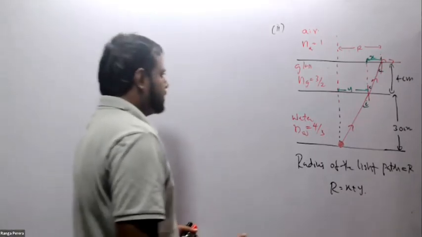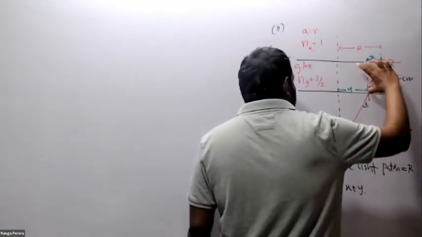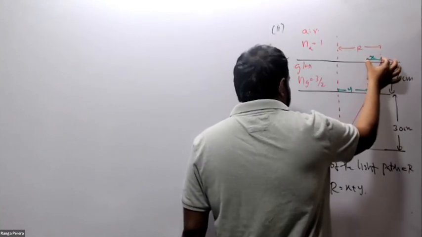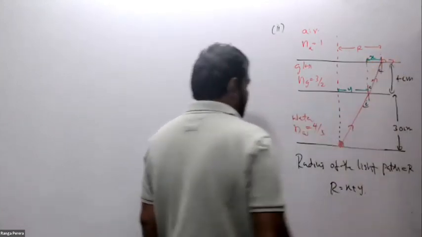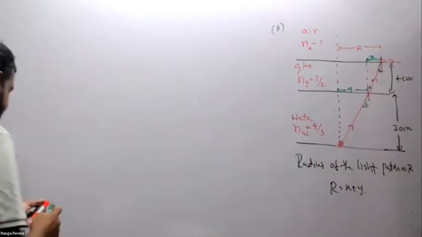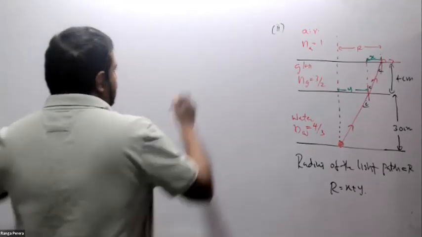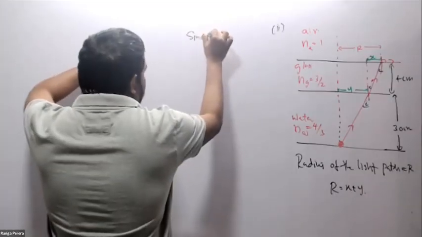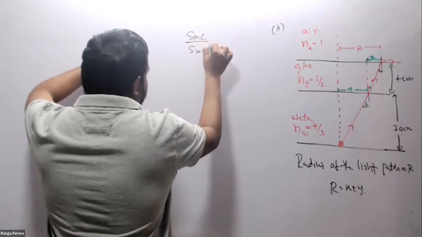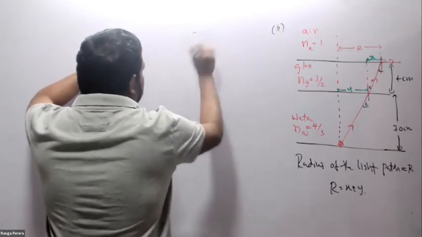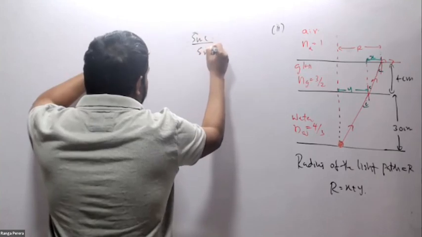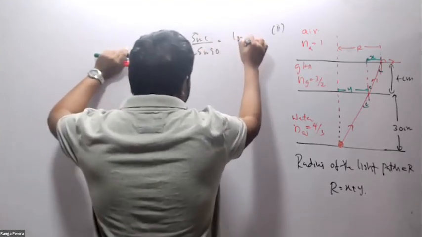So how to find that? If we know the value of C, the critical angle, we can find it. Let's find it first. Sin C over sin 90 equals 1 over 2.